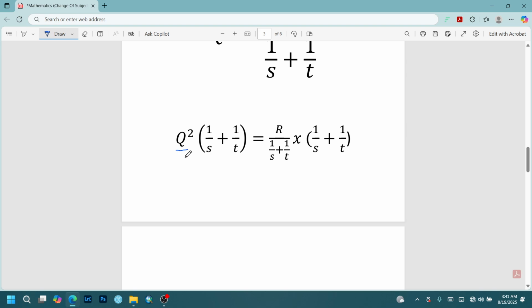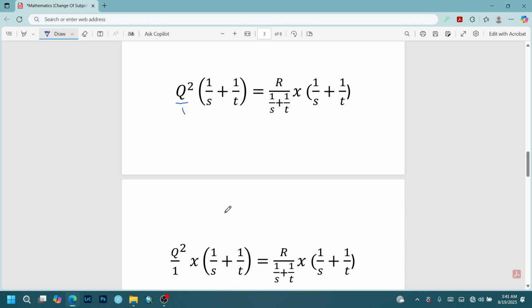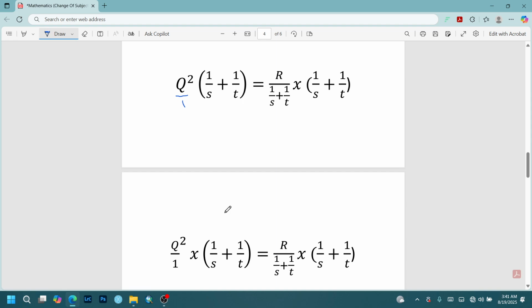So this Q square is divisible by 1. Okay, so Q square multiplying the fraction 1 over S plus the fraction 1 over T, all in bracket, would be stated as Q square over 1 multiplying the fraction 1 over S plus the fraction 1 over T, all in brackets, equals the fraction R over the fraction 1 over S plus the fraction 1 over T multiplying the fraction 1 over S plus the fraction 1 over T.